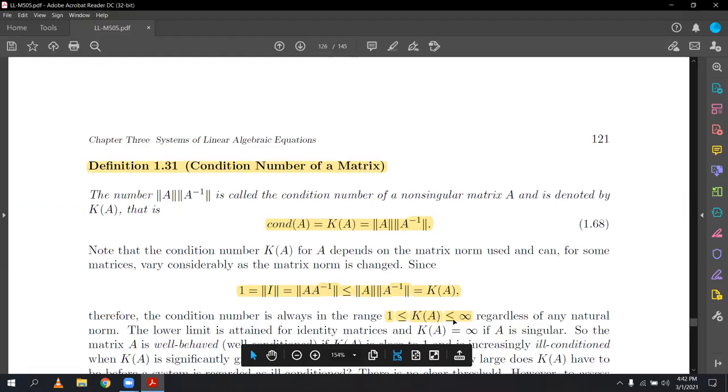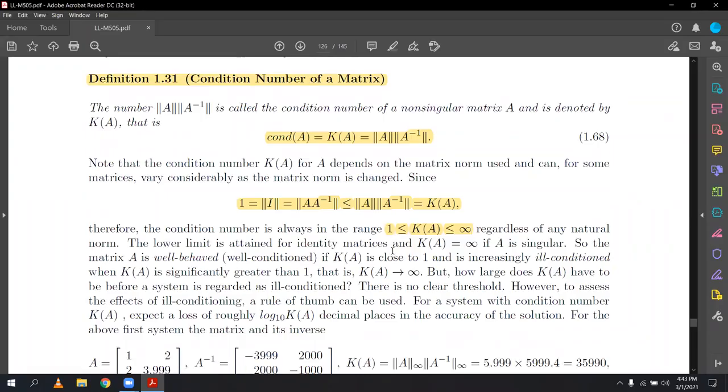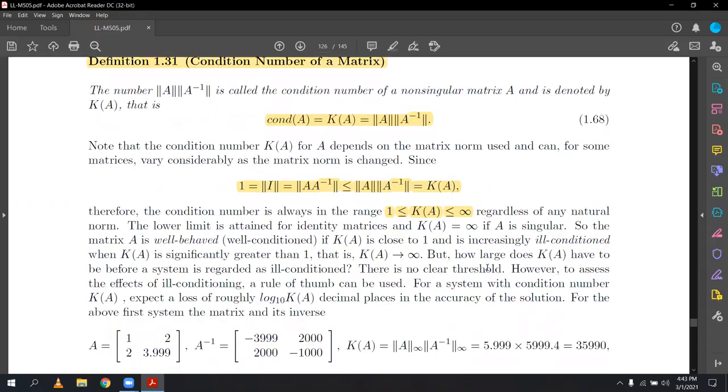This is the starting position, and infinity also can be. Now, with the help of this, we say K of A is always greater than or equal to 1.